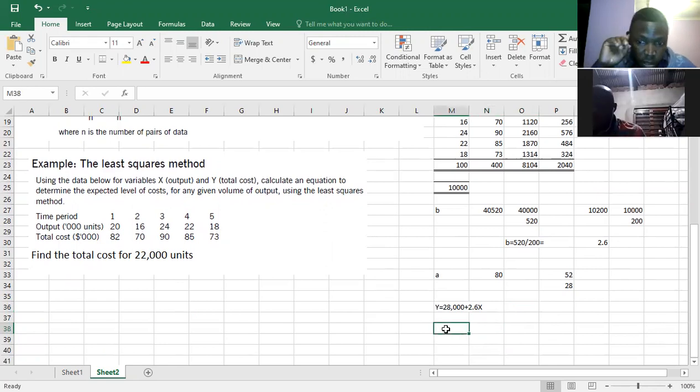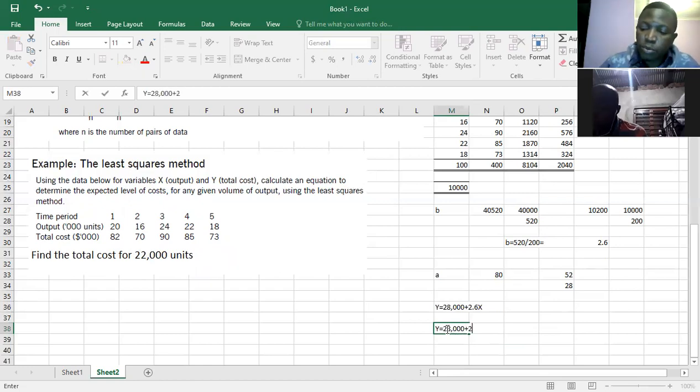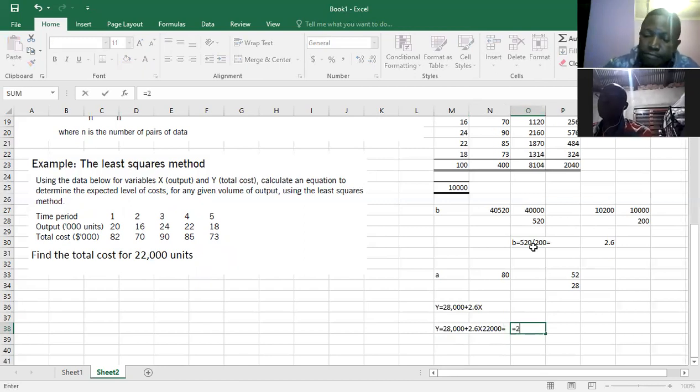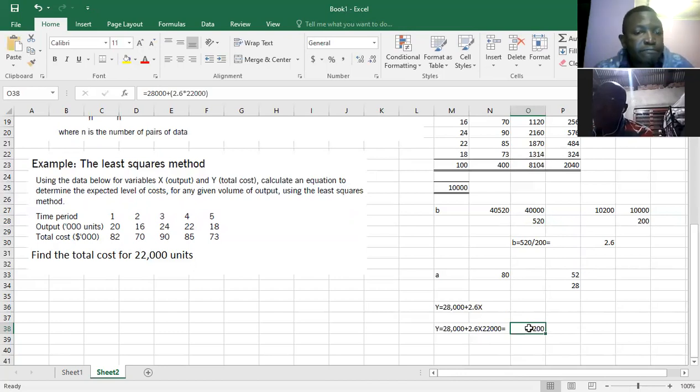So we will say Y equals 28,000 plus 2.6 times 22,000. So the total cost will be 85,200.